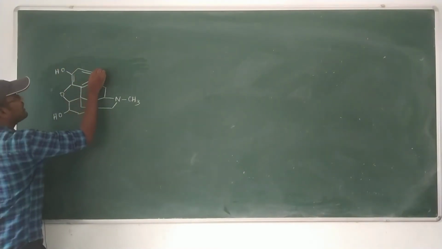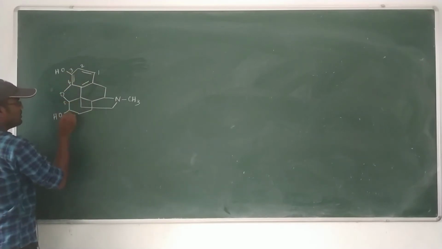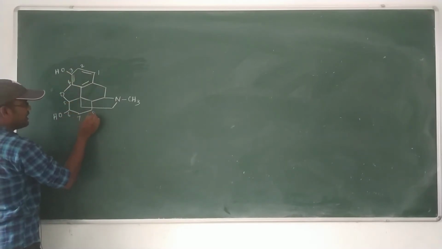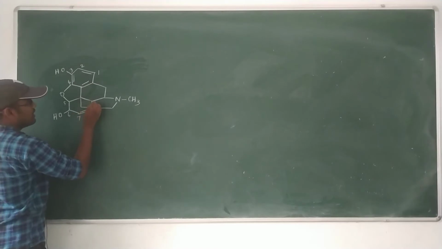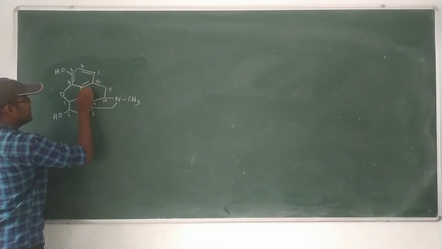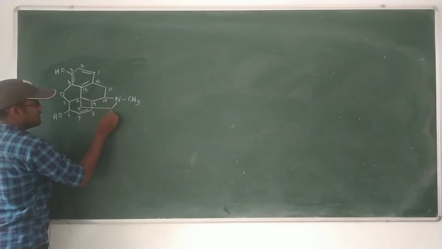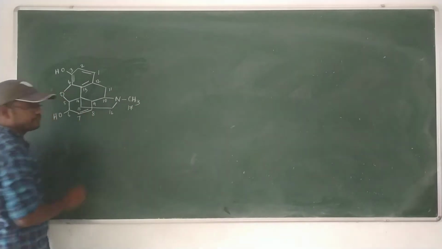Numbering is 1, 2, 3, 4, 5, 6, 7 and 8 have unsaturation, 9, 10, 11, 12, 13, 14, 15, 16 and 17.